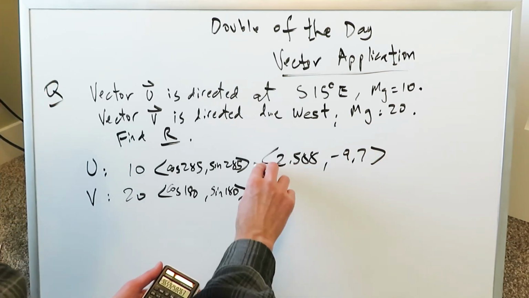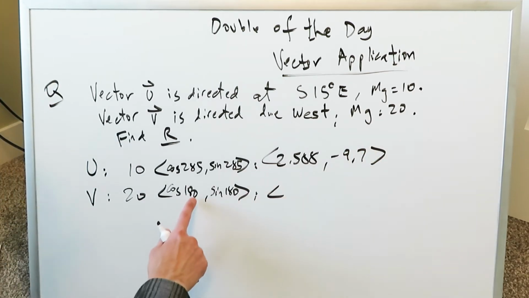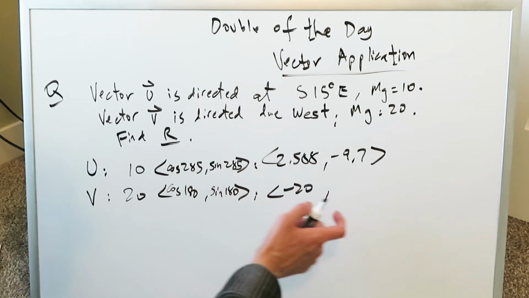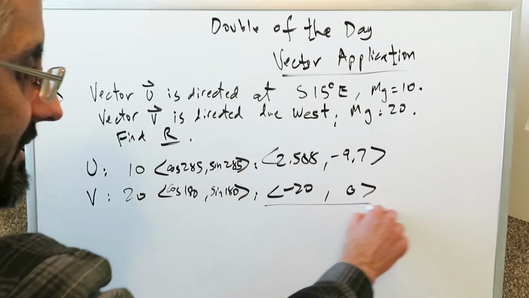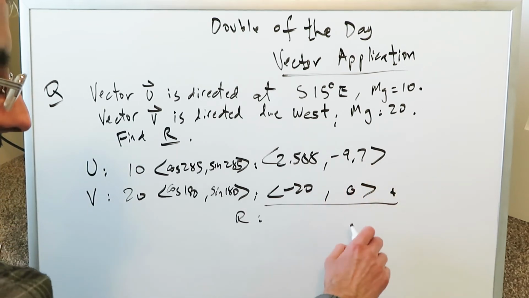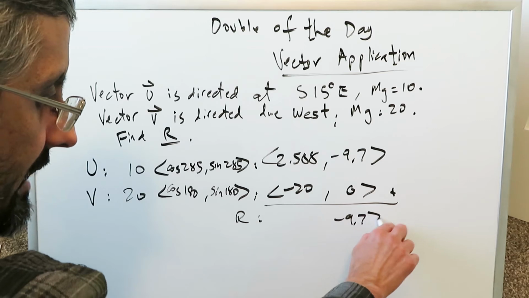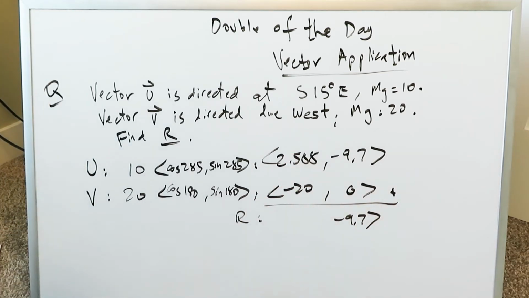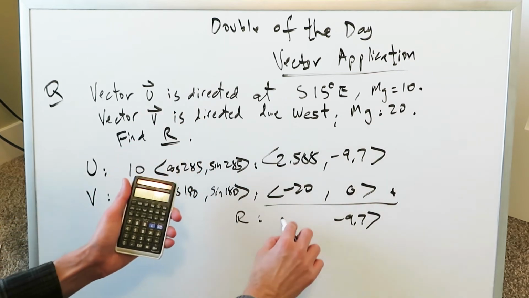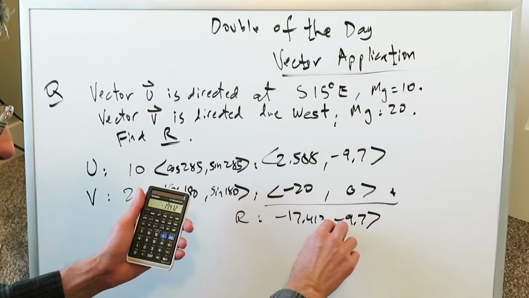Let's do this right over here. Cosine 180, well that's easy. That's a minus 1 times 20, which is a minus 20. Sine 180 is 0. Add these up. These will give you the resultant's components. Minus 9.7 plus 0 is a minus 9.7. That's easy. Now we'll do this: 2.588 minus 20. We're getting here a minus 17.412.